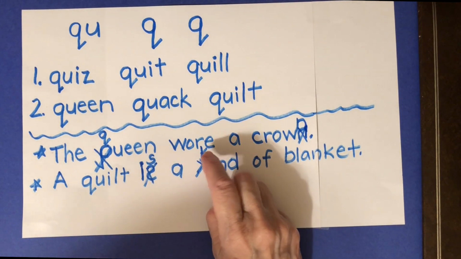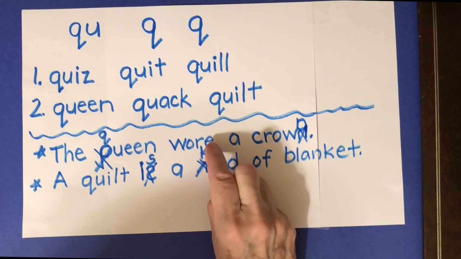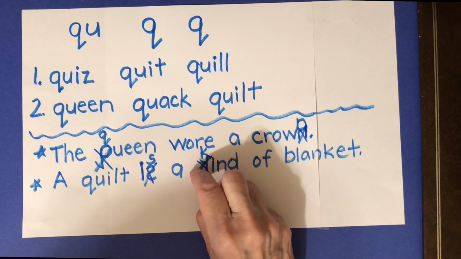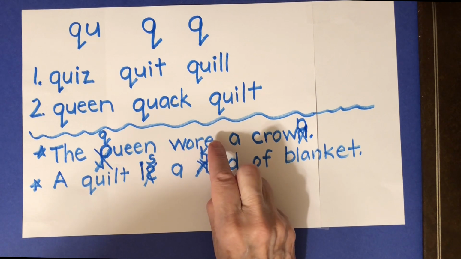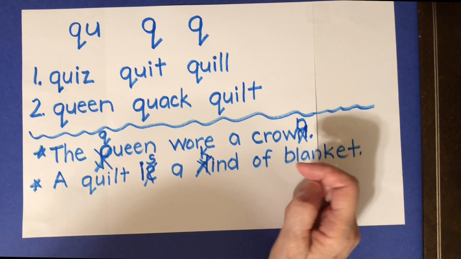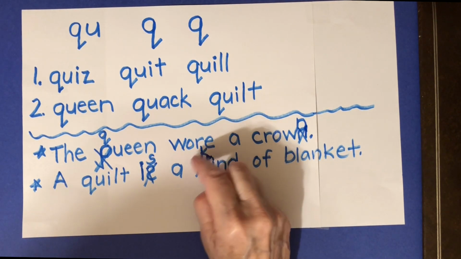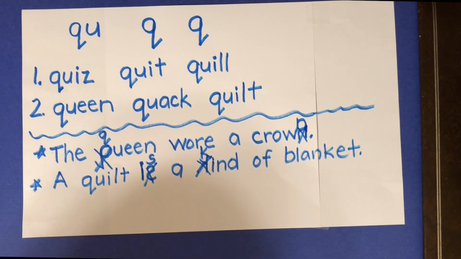And now let's do a K the right way. In the air. Down. And I'm not sure how your teacher makes it, but I go down and then I lift up my pencil and I go in and out. Probably that's how your teacher does it. Down, lift up, in, out. Did you do that in the air? Good job. Great work today.